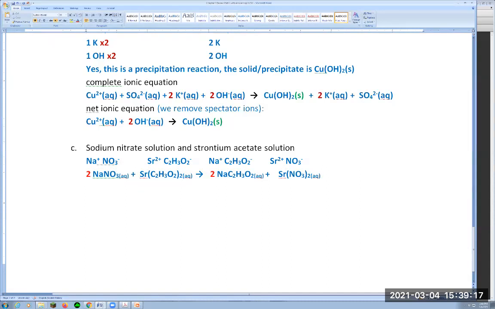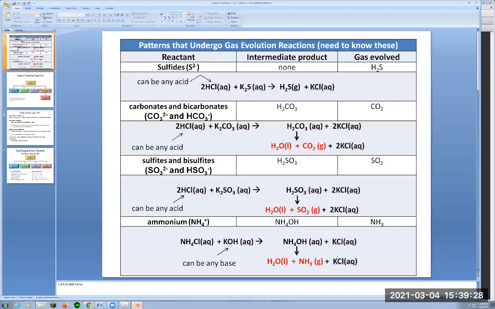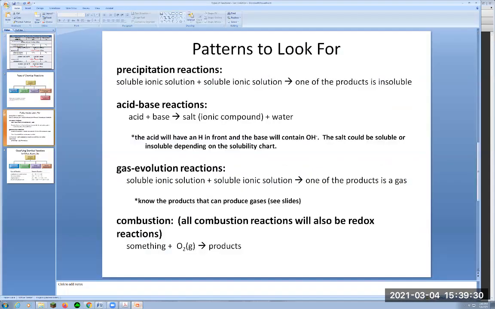And the question was, do we have a precipitation reaction or is there no reaction? Here we can look at this document, which you can find on Canvas in the chapter 7 module.